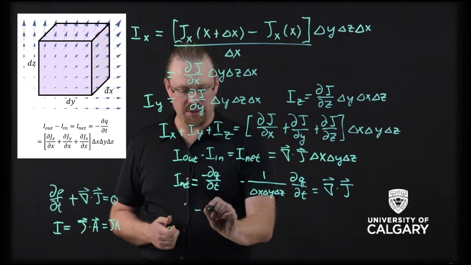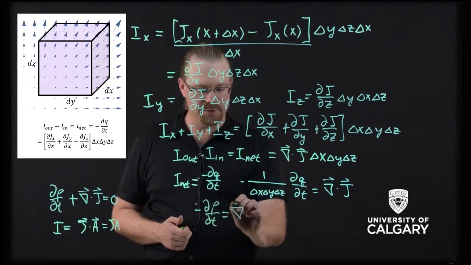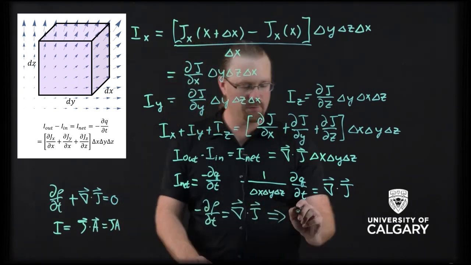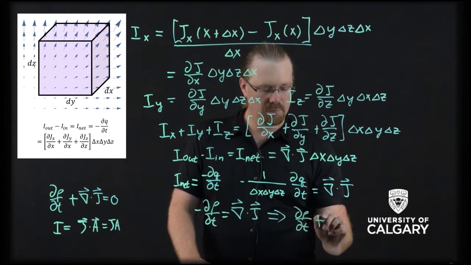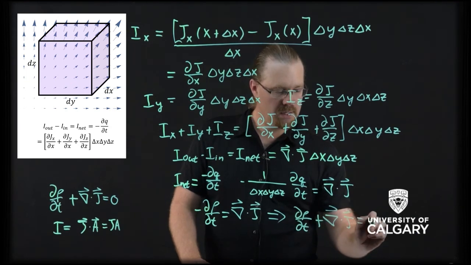So we have minus d rho dt is equal to the divergence of J, which written in a more familiar form is d rho dt plus the divergence of J is equal to 0.